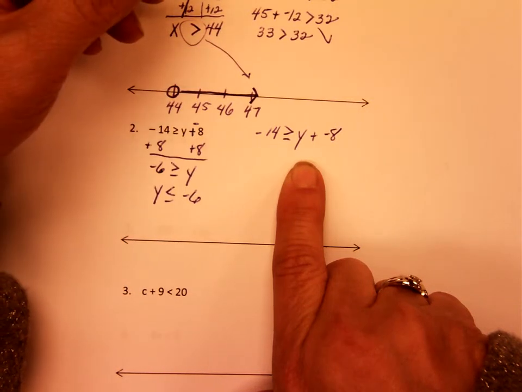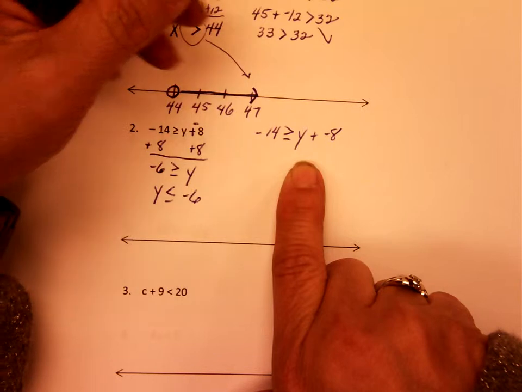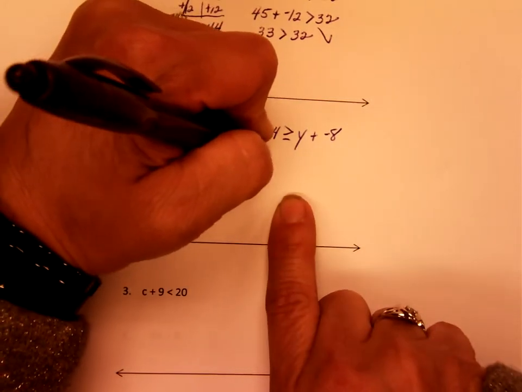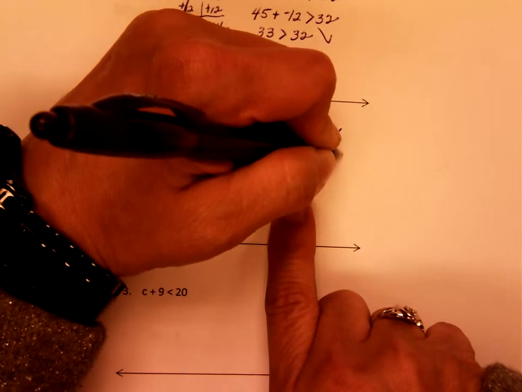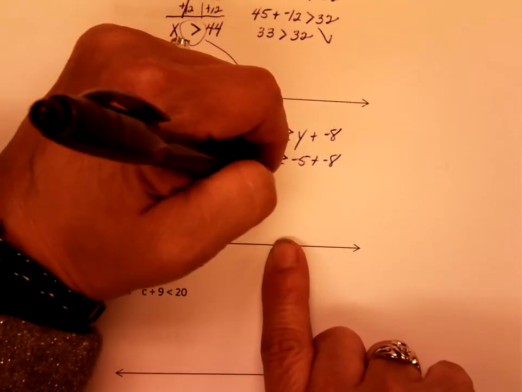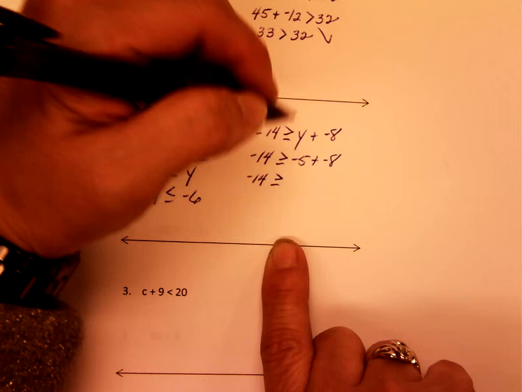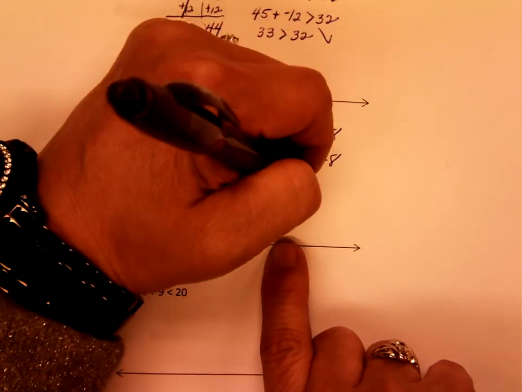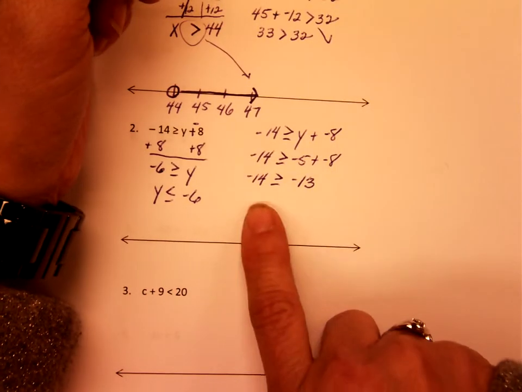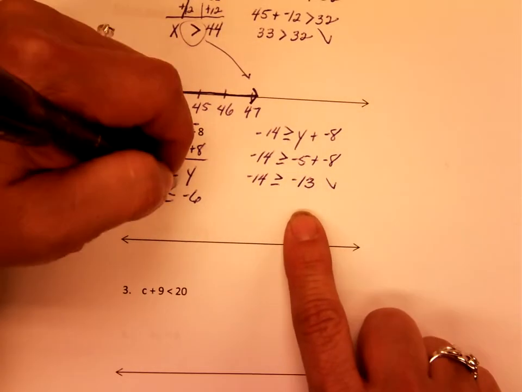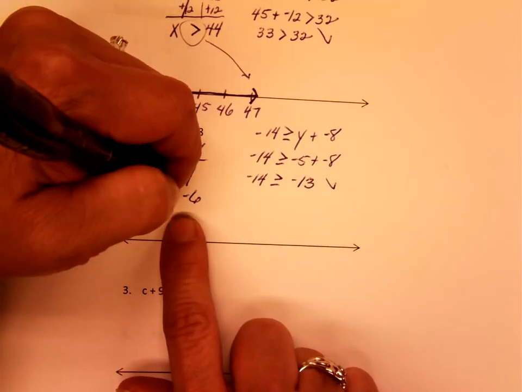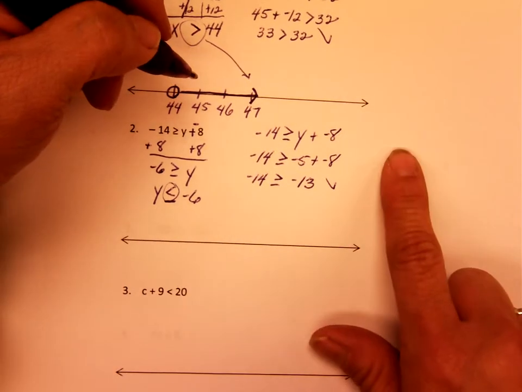And that says y is less than or equal to negative 6. Think of a number that is less than negative 6, which would be negative 7. So negative 14 is greater than or equal to negative 7 plus negative 8. Negative 14 is greater than or equal to negative 15. Is this true? Yes, and that checks. Now, because you have the equal sign, you have to do another check for the equal part.